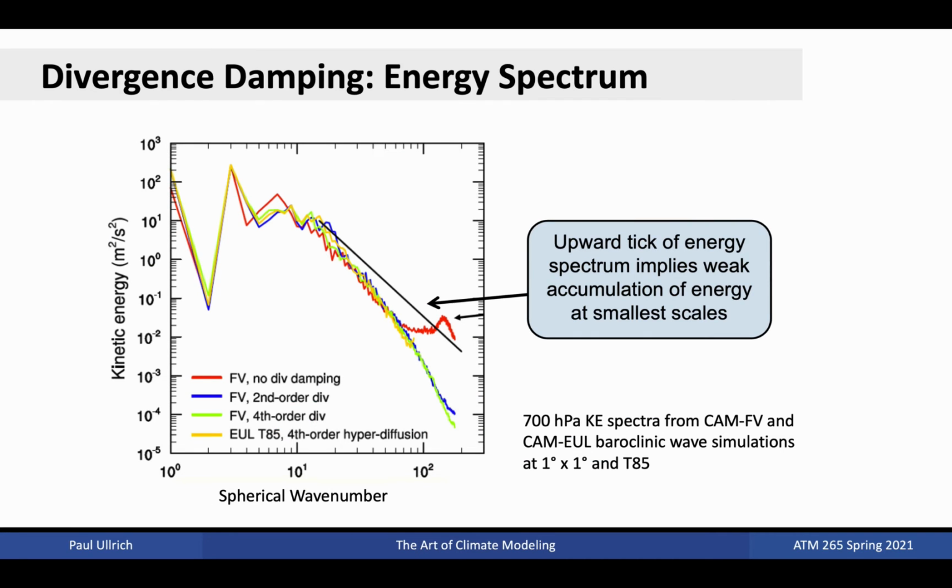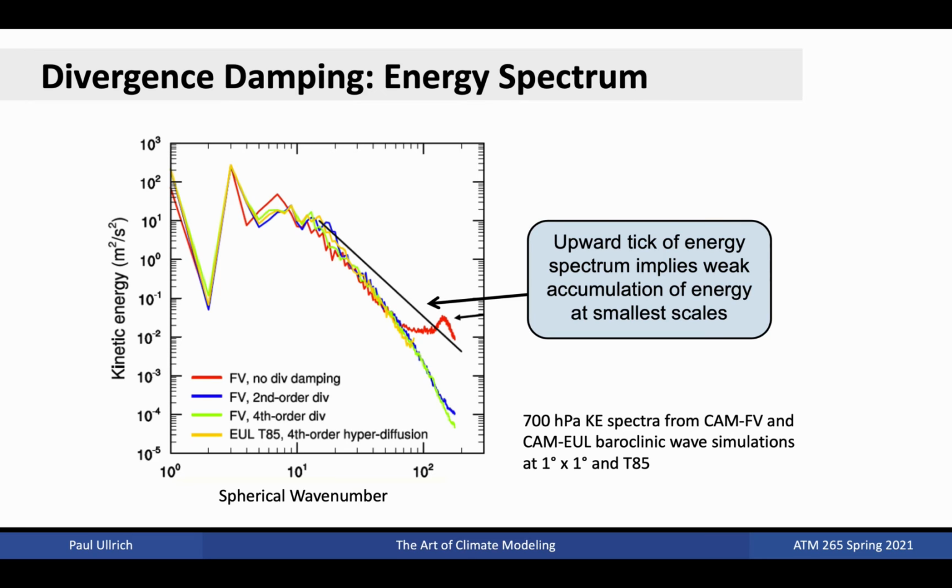The effect of insufficient diffusion can be seen clearly in the 700 hectopascal energy spectrum, as energy accumulates at the finest scales. With a well-behaved model with sufficient diffusion, we expect to see a decay of energy as one approaches the truncation scale. However, in the case of an insufficiently diffused solution, we see accumulation of energy at this finest scale, effectively a completely flat energy spectrum beyond wave number 50.